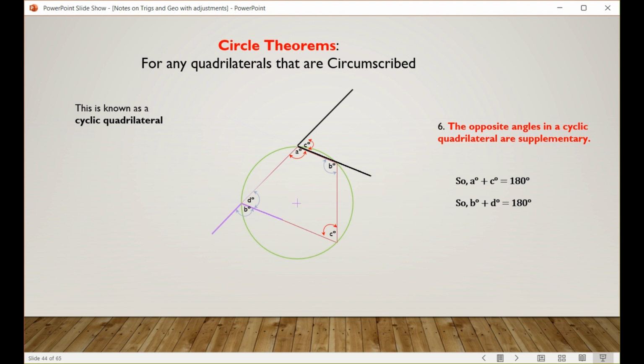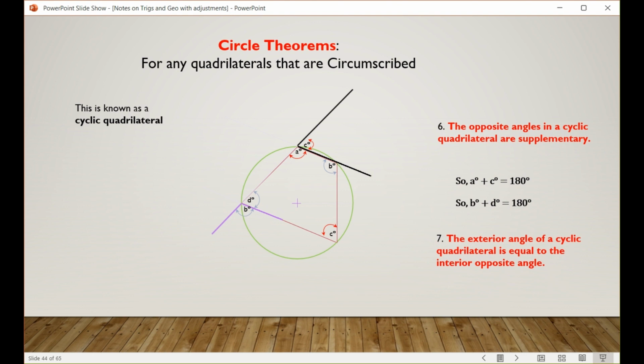So the opposite angles A and C, or B and D, add up to 180 degrees. We can say the opposite angles in any cyclic quadrilateral are supplementary, meaning they add up to give us a straight line. S for supplementary, S for straight line.